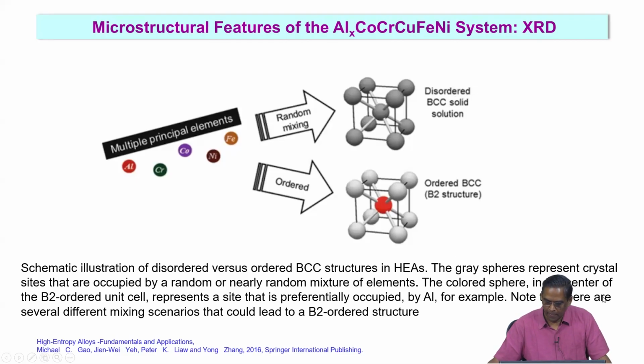The center of the B2 ordered unit cell represents a site that is preferentially occupied by aluminum, for example. Note that there are several different mixing scenarios that could lead to B2 ordered structures. So this also you should know. There are different possibilities by which you can form this in this particular alloy.